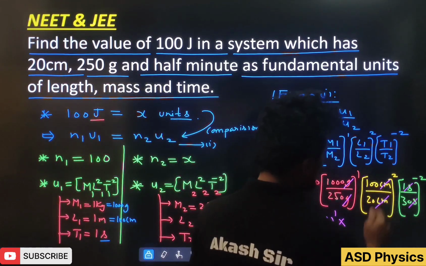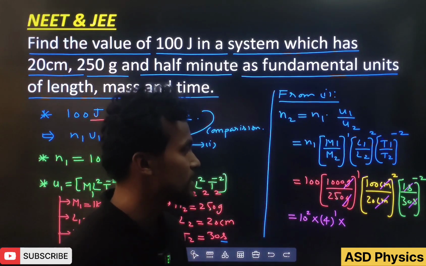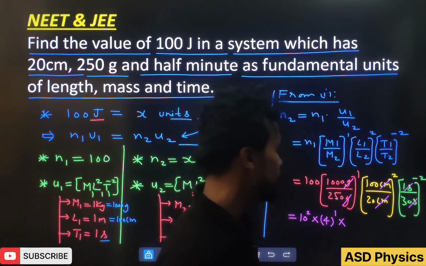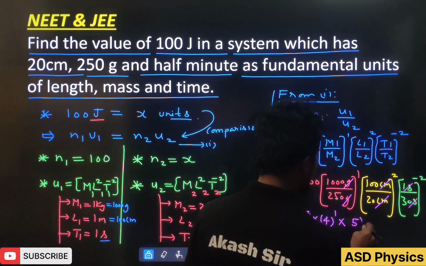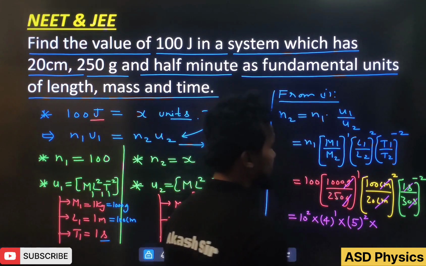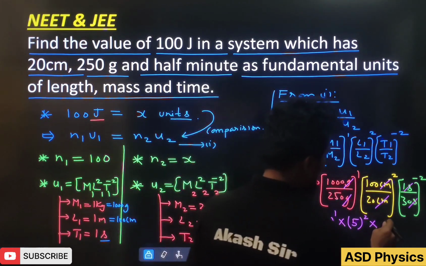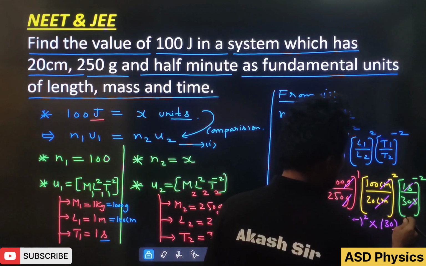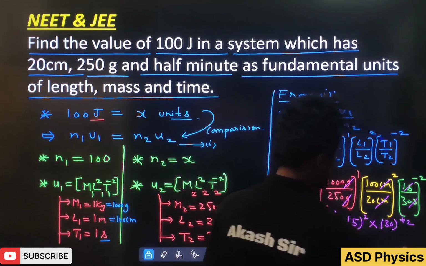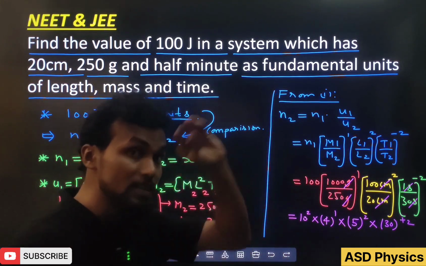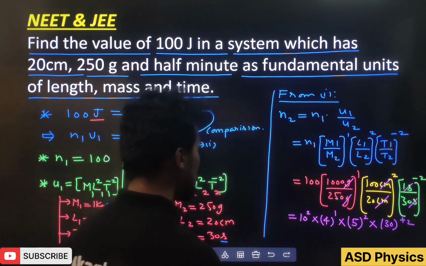After that, 100 by 20 will become 5. So 5 square, and into this 30 power plus 2, because 1 by 30 power minus 2, taken in the numerator, becomes 30 power plus 2.